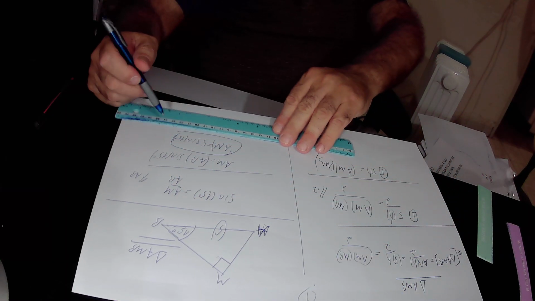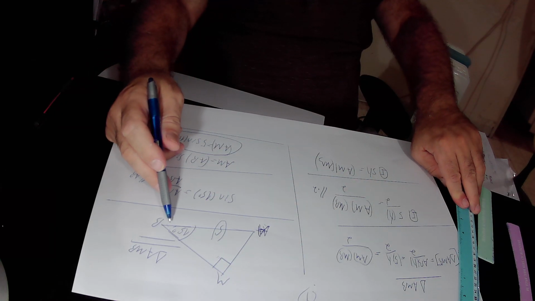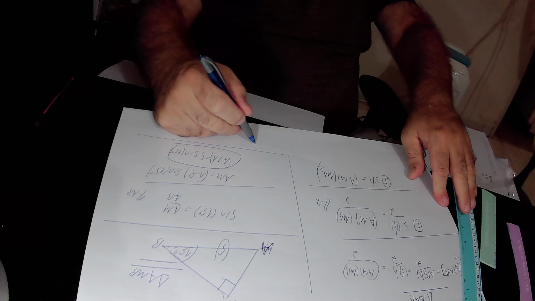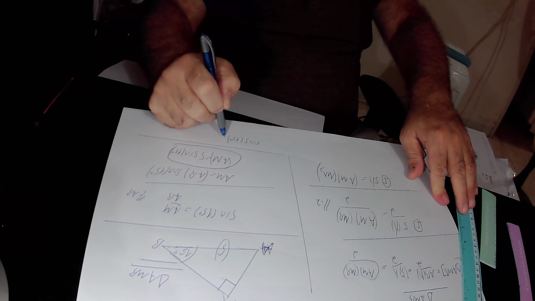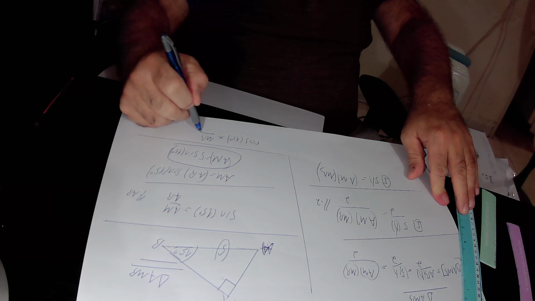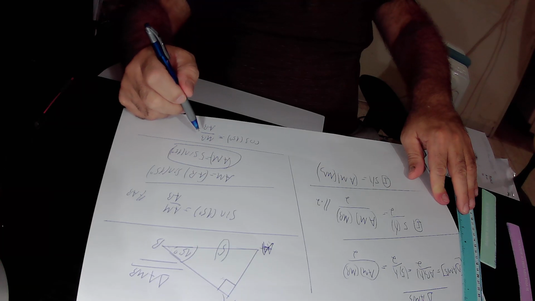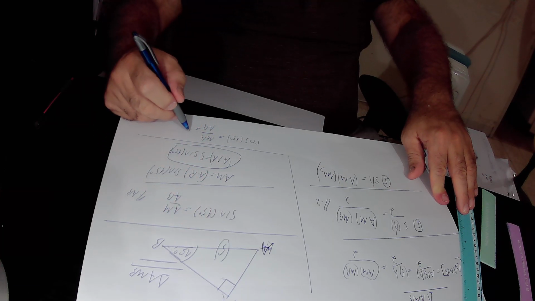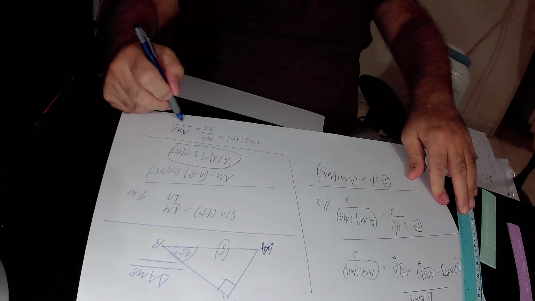We also know that in this right triangle AMB, cosine 15 degrees equals MB over AB. MB is the missing side, so we leave it as it is, over AB, and AB is 5.